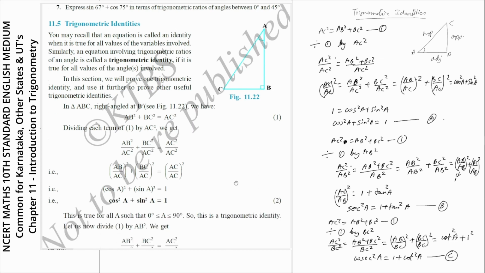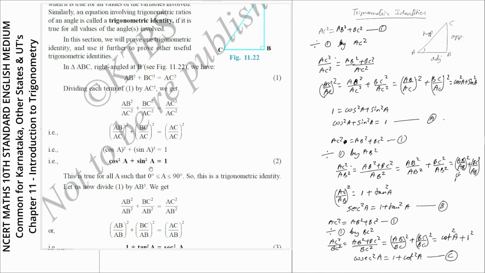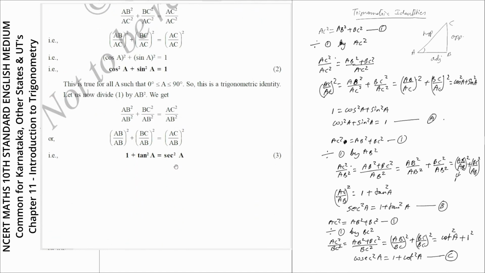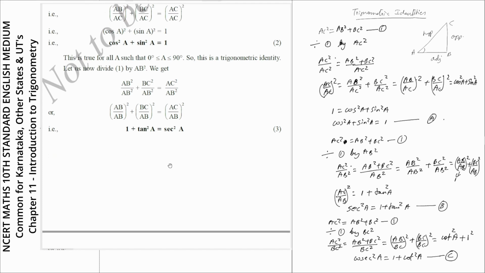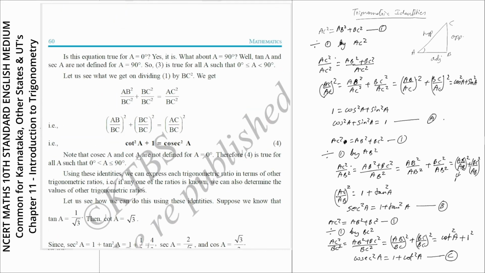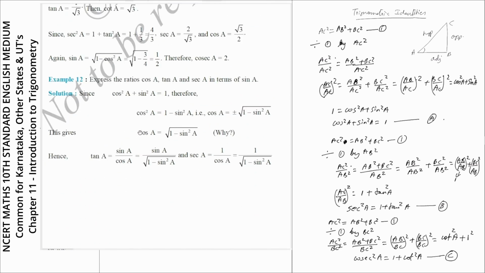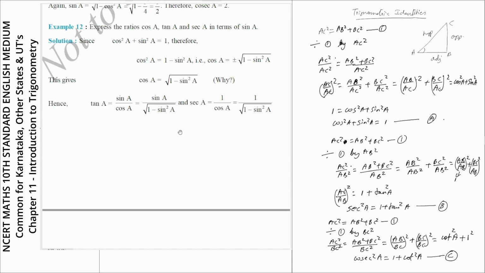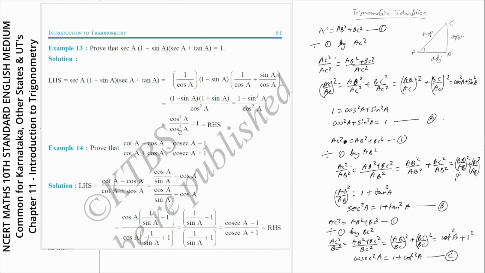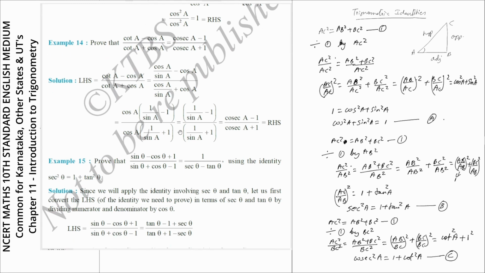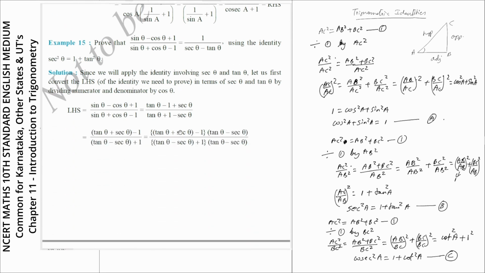In the textbook you can see how they derived cos square A plus sin square A is equal to 1, 1 plus tan square A is equal to secant square A, and cot square A plus 1 is equal to cosecant square A. And there are some worked examples here. All are self-explanatory. You can read it by yourself. First time you may not understand, but when you go through it again and again, you will definitely understand it.